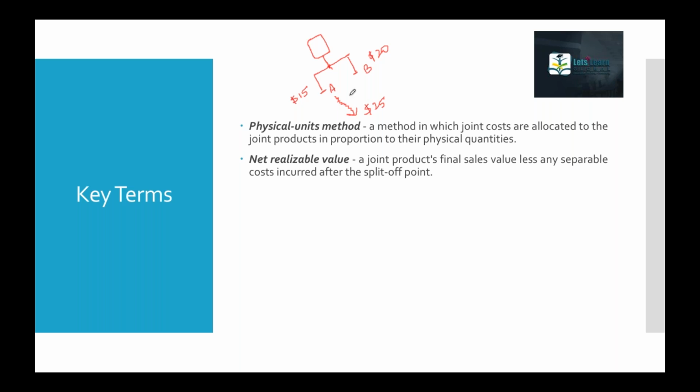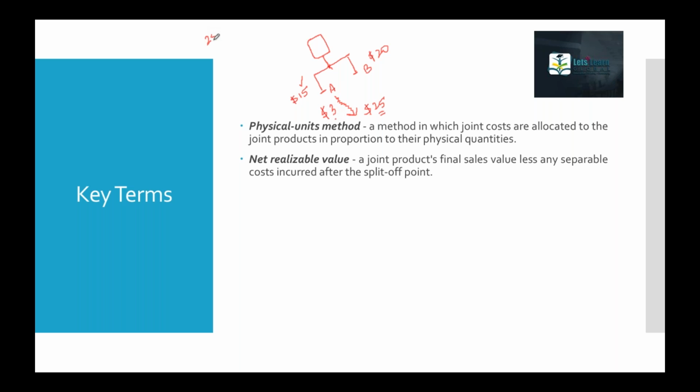To further process, how much cost is incurred? Say for example, we incur $3. Okay, it's a good idea. You are selling at $15 at the split-off point with no further operations. But if you additionally process it by spending $3, you will be able to sell at 25. So you need to have a cost benefit analysis.